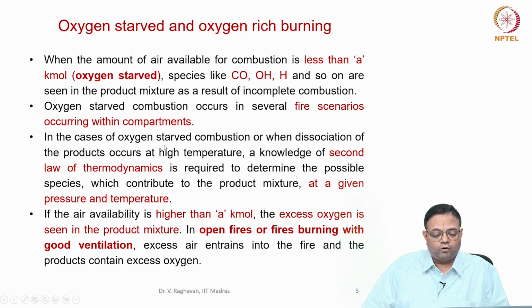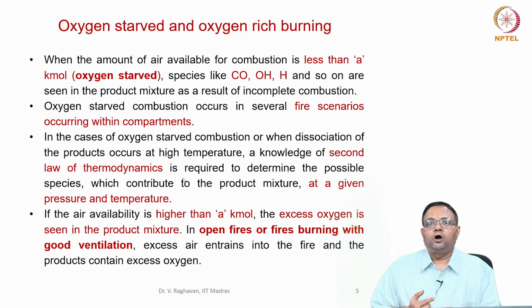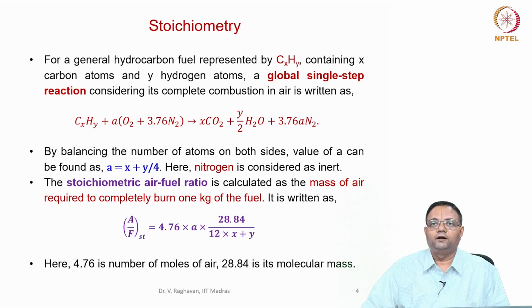In the cases of oxygen starved combustion, or when dissociation of products occurs at high temperature, we cannot just use this global equation. For example, on the right hand side, I can say X CO2 very easily.